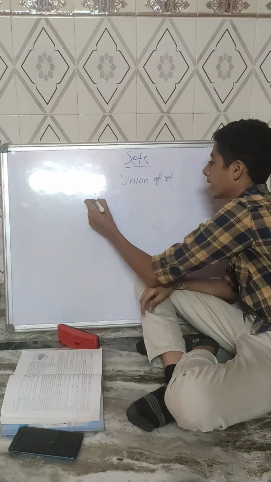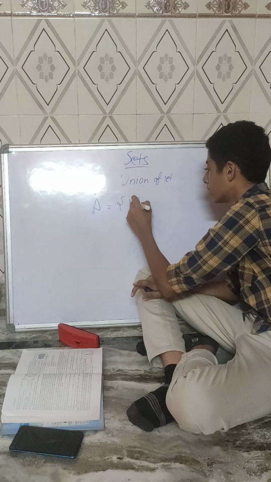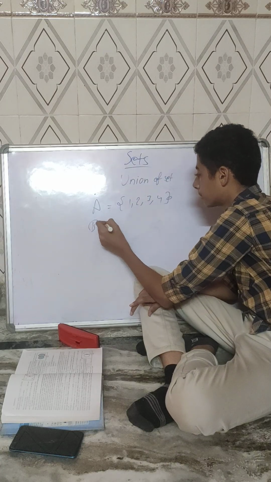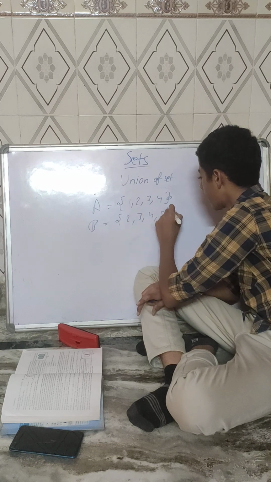So the same goes here. Let's take a set A, which has 1 2 3 4, and set B, which has 2 3 4 and 5.